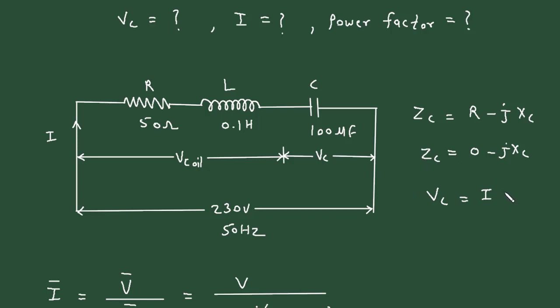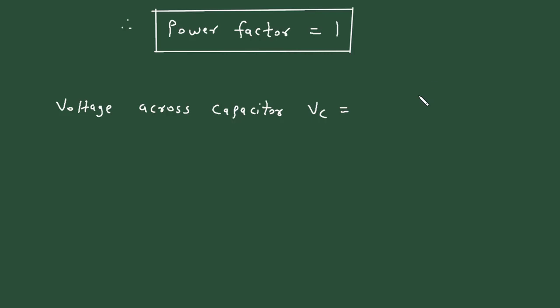So therefore VC is equal to I into minus jXC.